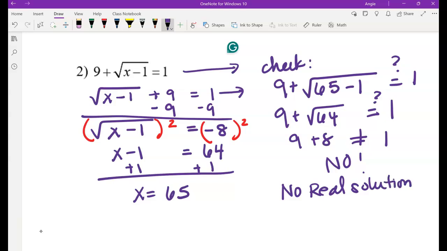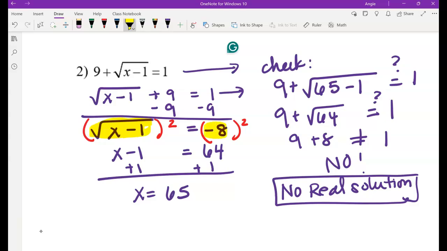Now let me explain to you why we can't keep the 65. When we isolated the square root, we had a negative on the outside, okay? Just like, remember when we had the absolute value and we had it equals a negative, and absolute value cannot be negative, therefore we write no solutions. Same thing with square root, fourth root, eighth root, sixth root, any even root.